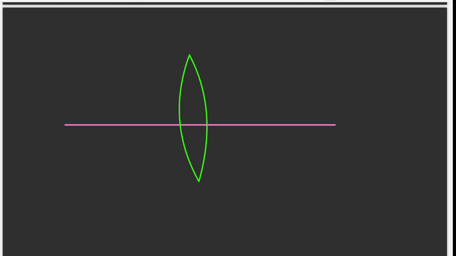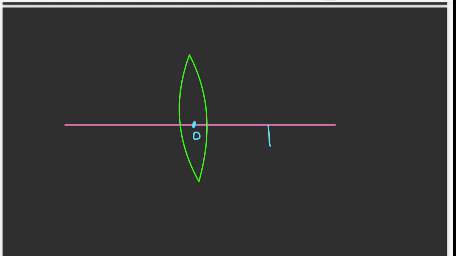Now let us draw the principal axis. This is the principal axis, and let us draw the lens. Now this is called the optical center. O is called the optical center.